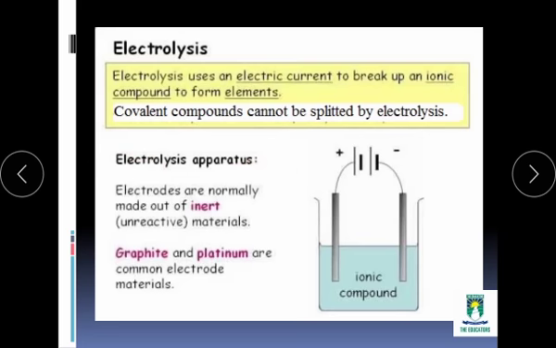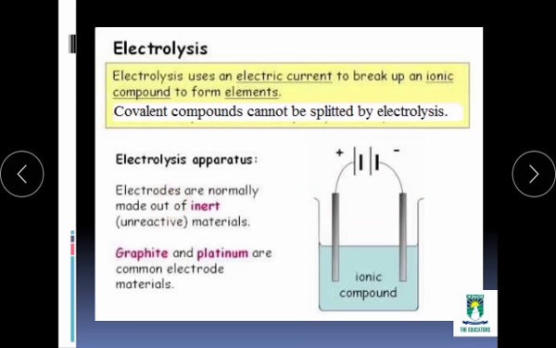Electrolysis apparatus. Electrodes are normally made of inert, that is unreactive, material. Two types of electrodes are there: one is called cathode and the second is called anode. The negatively charged electrode is called cathode and the positively charged electrode is called anode. Both these electrodes are made of inert material.